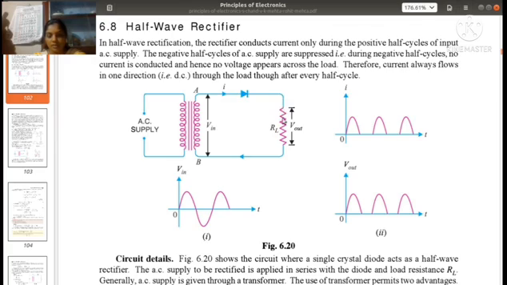This current flowing through this load resistance produces a voltage drop across this resistance, where we can measure the output voltage. So for this positive half cycle, we get an output current like this, output voltage like this.